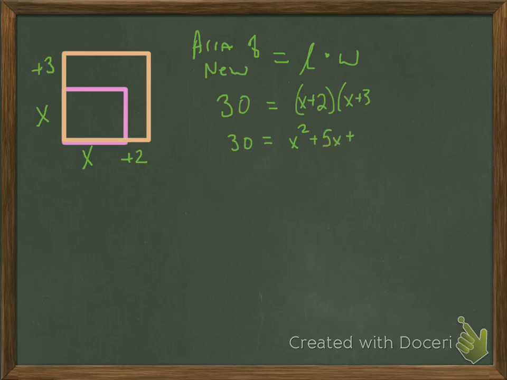If I FOIL those out and then put it in standard form, I recognize I've got a quadratic. So once you've got the quadratic, we're going to switch and use the quadratic formula.